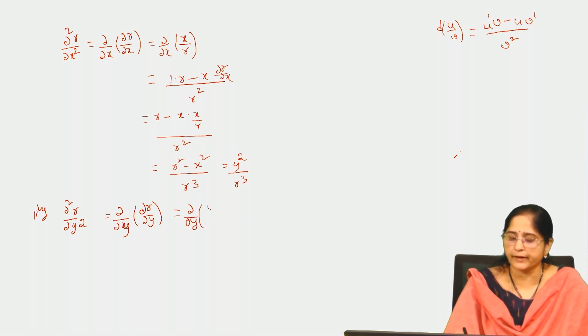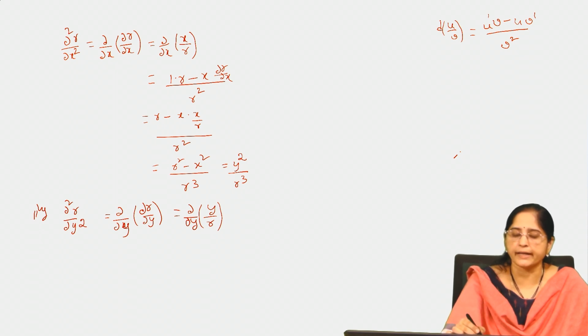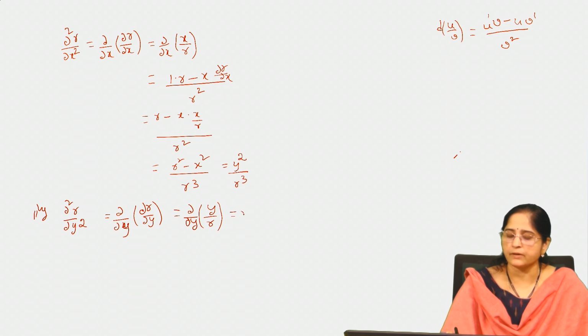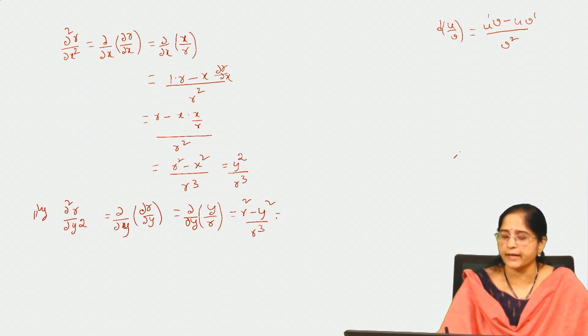Dou r by dou y is y by r. If you calculate this one, we are getting r minus y into dou r by dou y by r square. In place of dou r by dou y, we can write y by r. We will get r square minus y square by r cube. But r square minus y square equal to x square. So, x square by r cube.